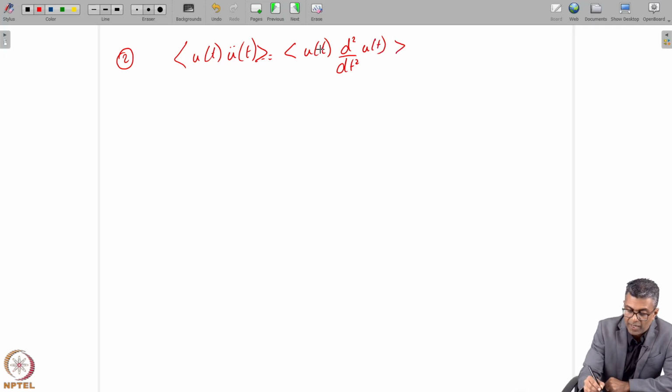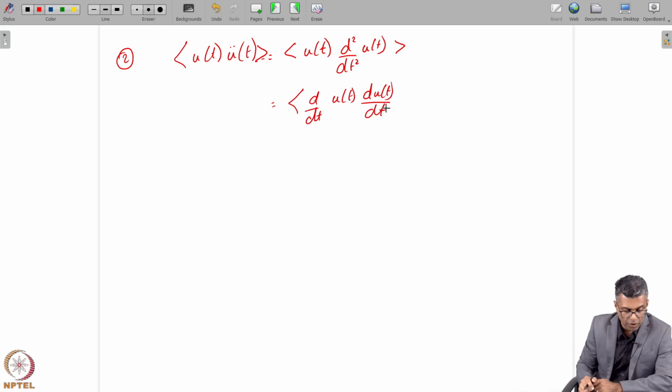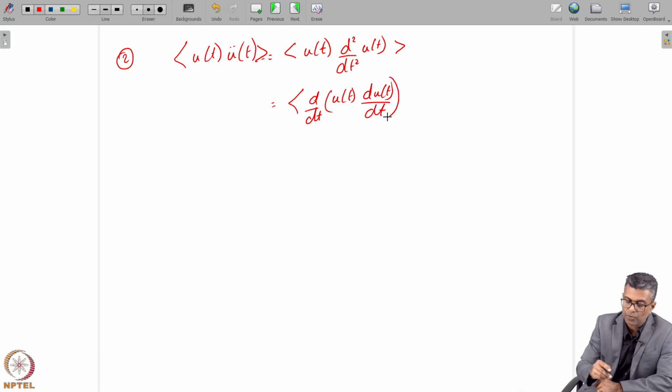Okay, so now I have a double derivative. I will use the chain rule and write this as d/dt of u(t) du/dt, isn't it? d/dt of u(t) du/dt minus, then what will I have?